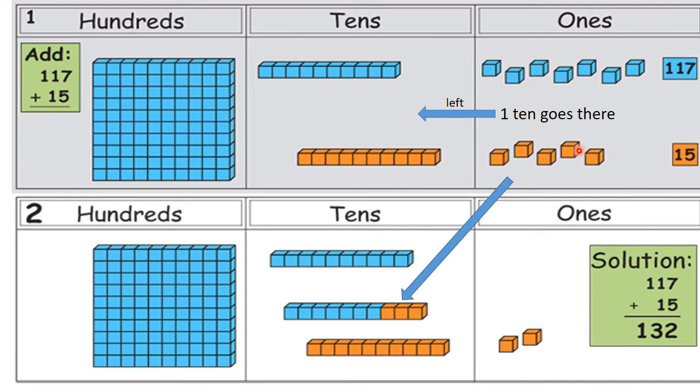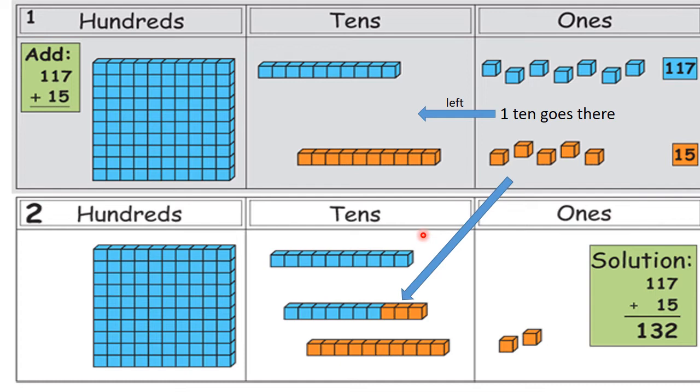So now here I have got 12 ones. 12 is bigger than 10. So let's remove the 10 ones and put them in the tens portion. And how many are remaining? If I put the 10 ones here, how many are remaining? 12 minus 10 is 2.